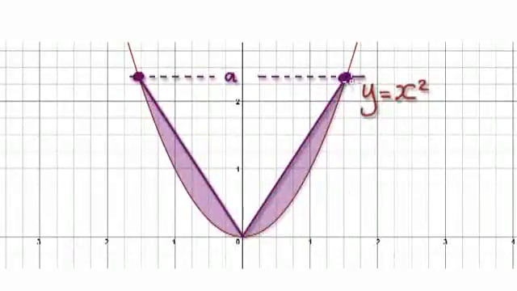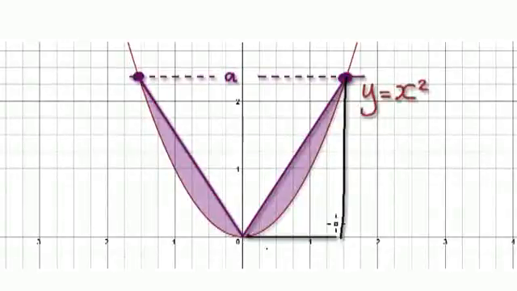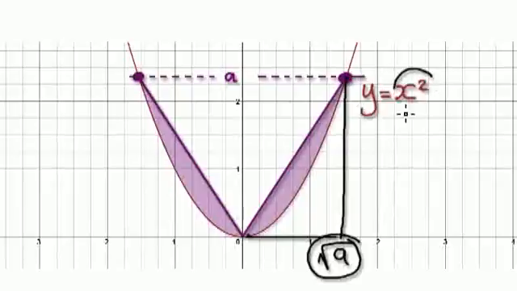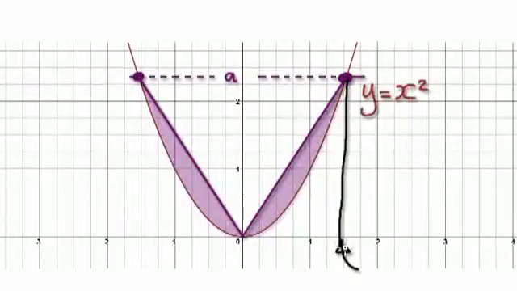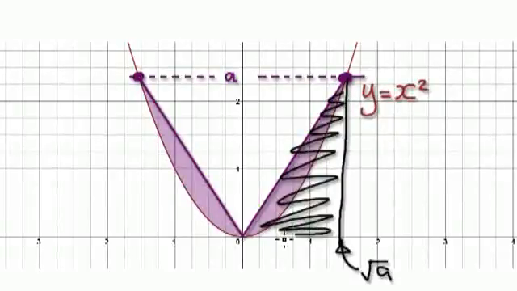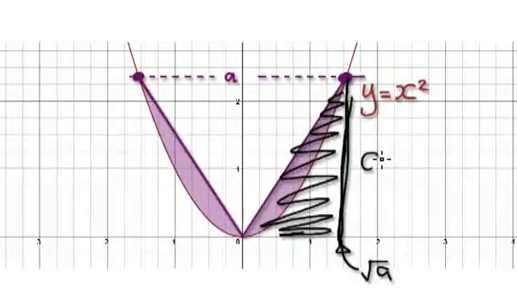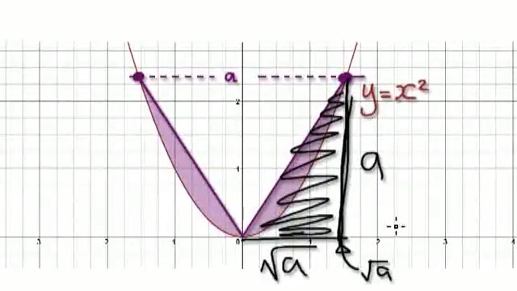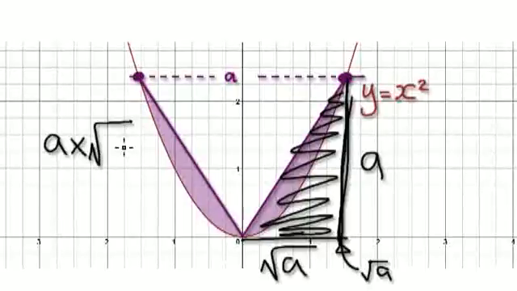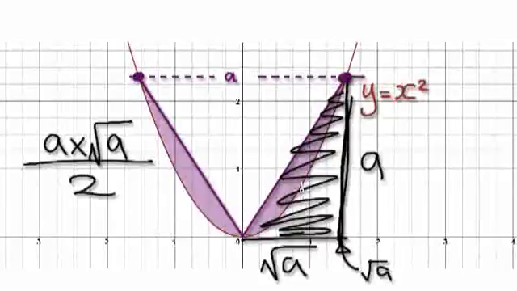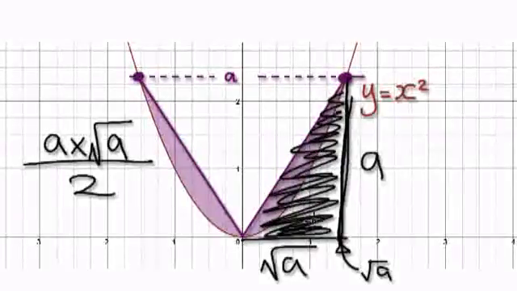If this here is A, then this must be square root of A, because if this is the square root of A, you would then square it to give you A. So this point here is root A. So if you want to know this whole area here, you would get the height here, which would be A, times root A, and then cut in half. That will then give you the area of the triangle.